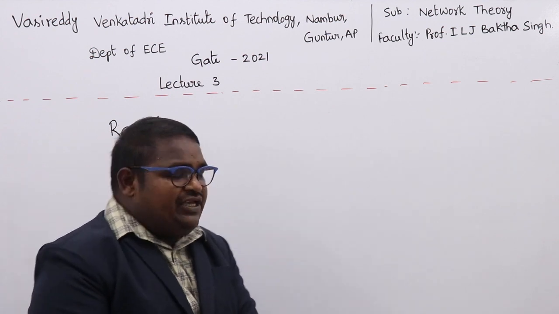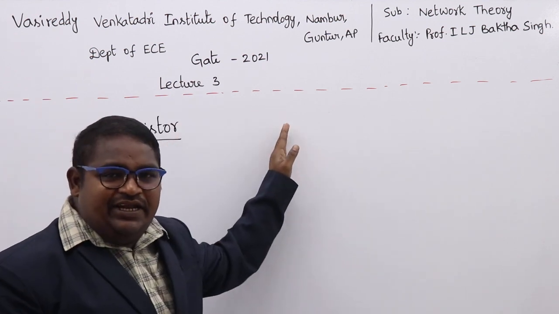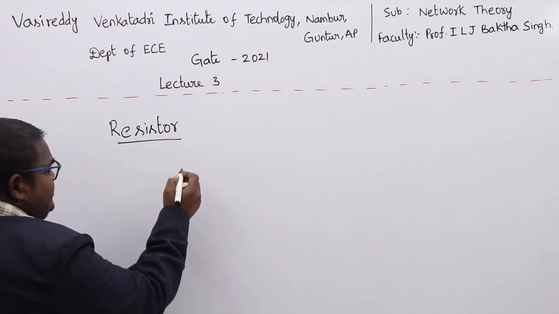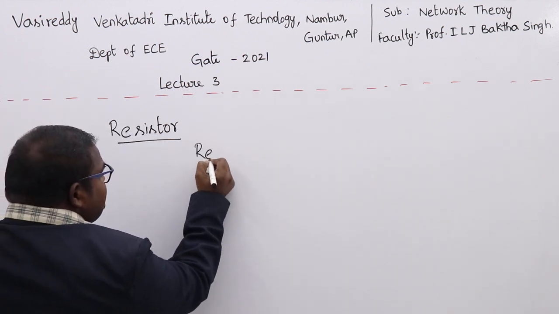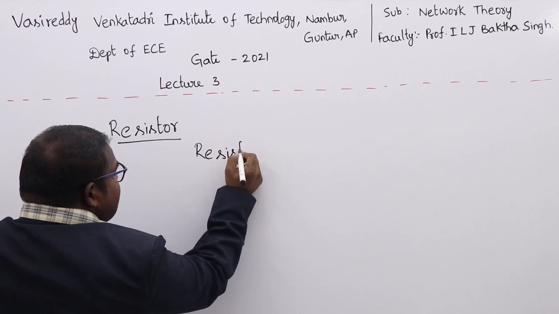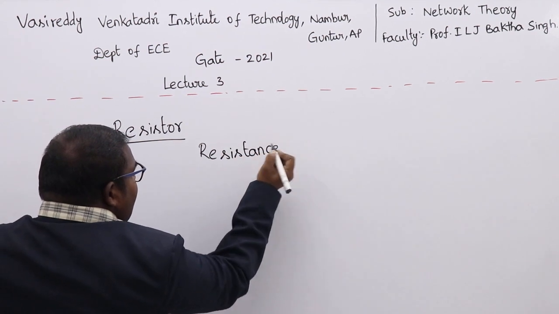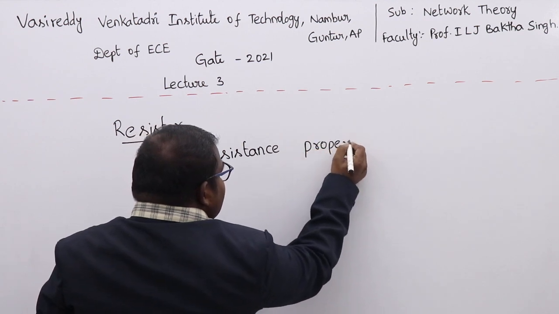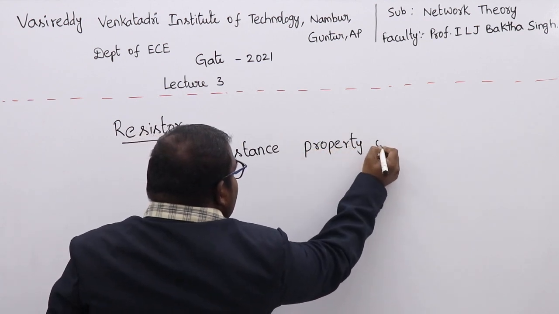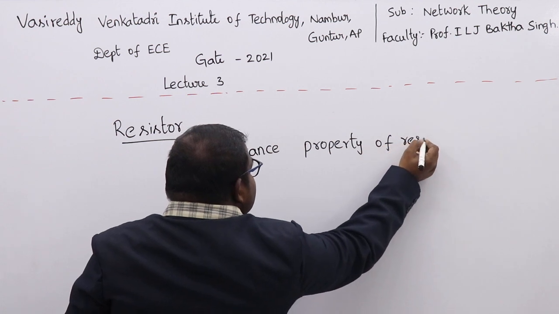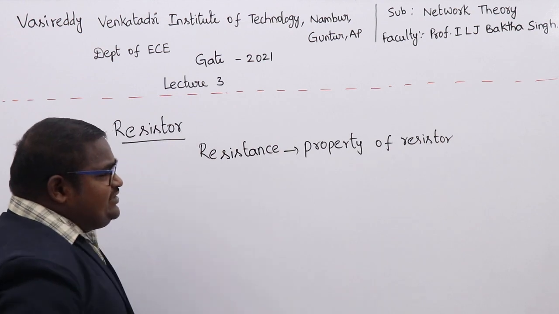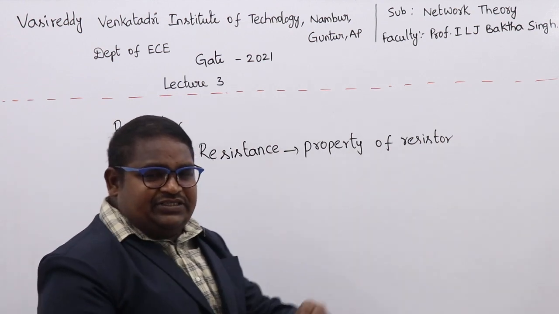Now let us see, the resistor is an element, and resistance is the property of resistor.